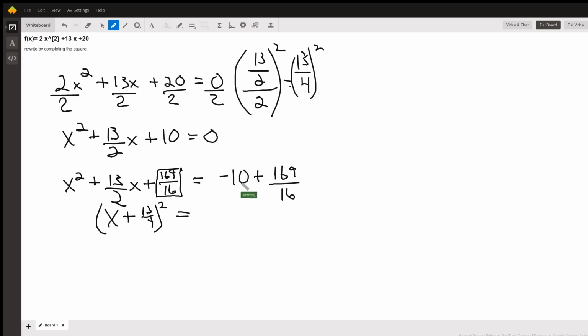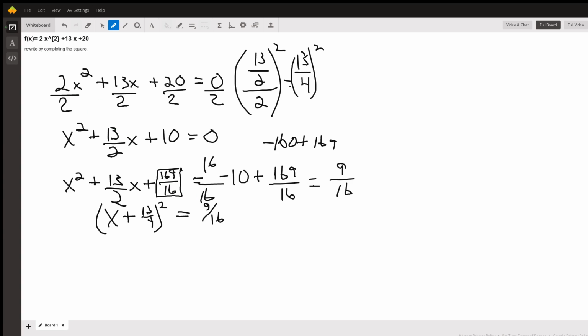So let's get our denominators the same, top and bottom by 16, so I'm going to have negative 160 plus 169. So that's going to end up equaling 9 over 16. And that's going to be my right side here, 9 over 16.